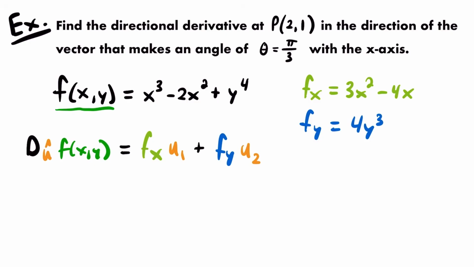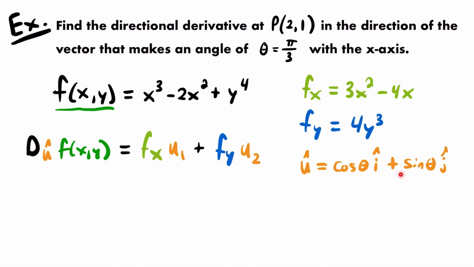And so remember, we can find a unit vector using an angle that it makes with the x-axis. The x component is cosine theta, so that's multiplied by i, and then that is added to the y component, which is sine theta, and that's multiplied by j.